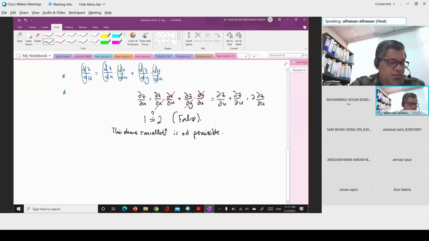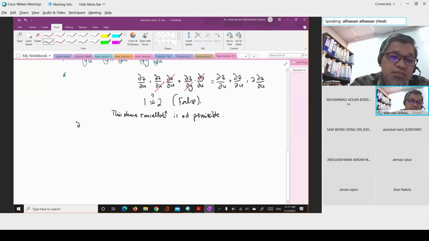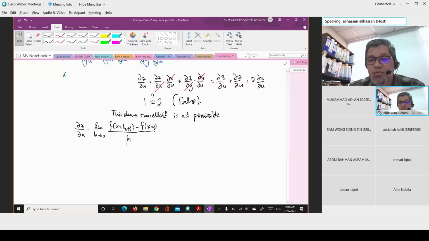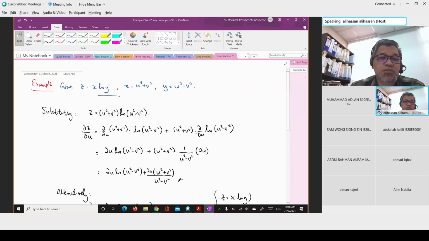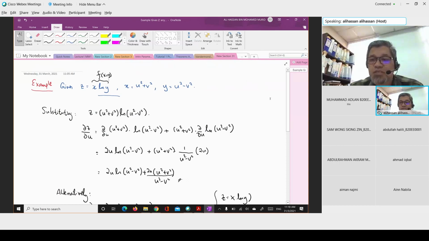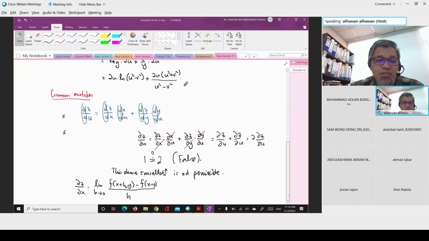Because you must understand what z partial x is here. By definition, it is a limit: f of x plus h, y minus f of x, y, divided by h, where f is our f of x, y. This is the notion of z partial x.